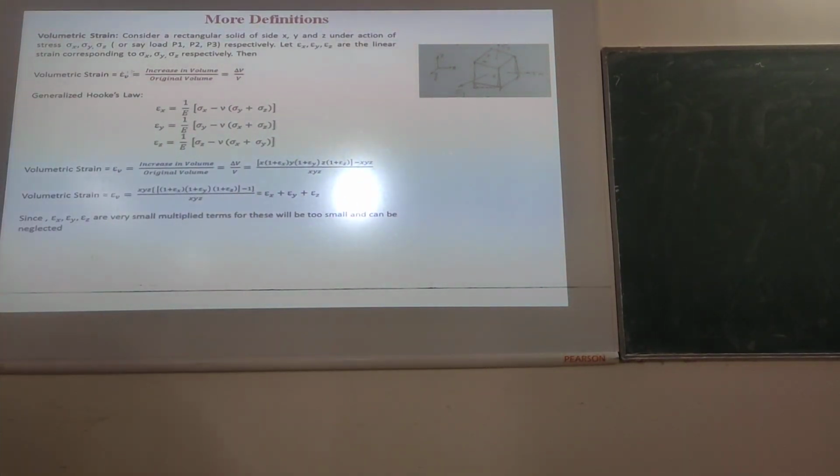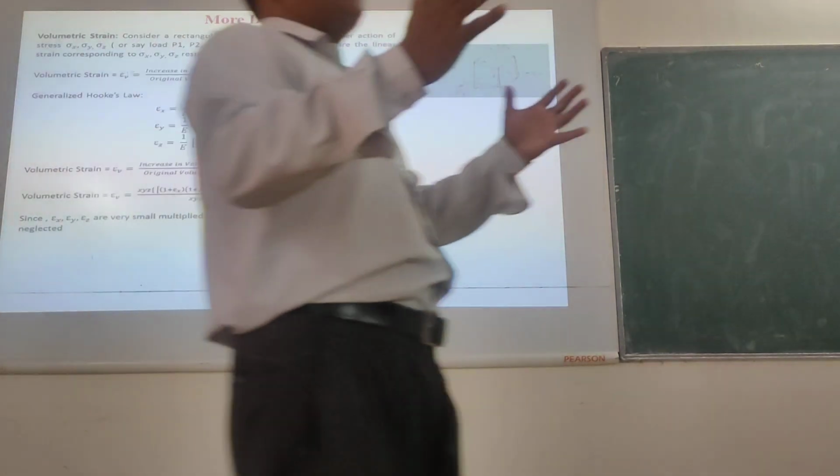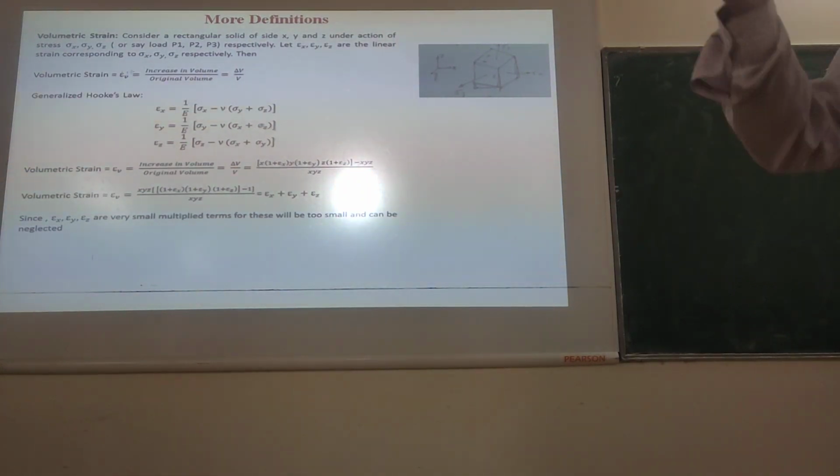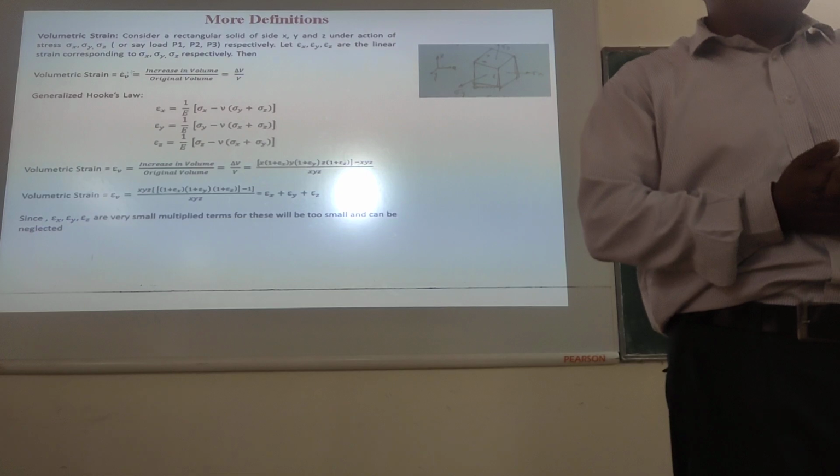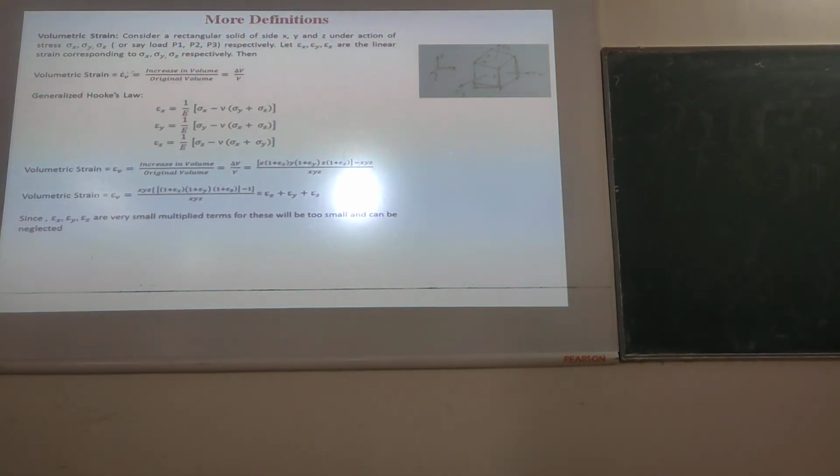Let's say I am pulling the body with sigma x, sigma y, sigma z. What will happen to the body? The body will have a change in volume because in each and every dimension there will be shortening or elongation of the body. So the change in volume divided by the original body volume will be defined as volumetric strain.